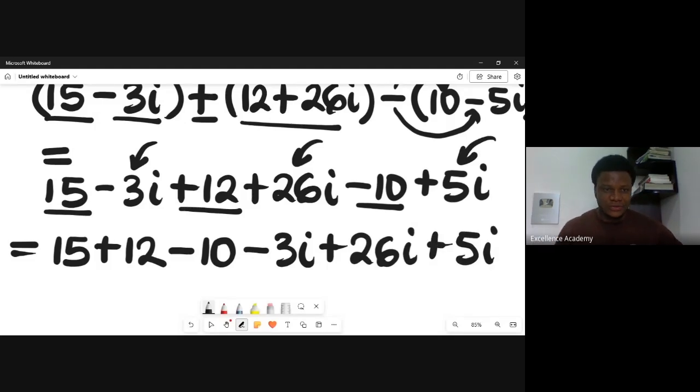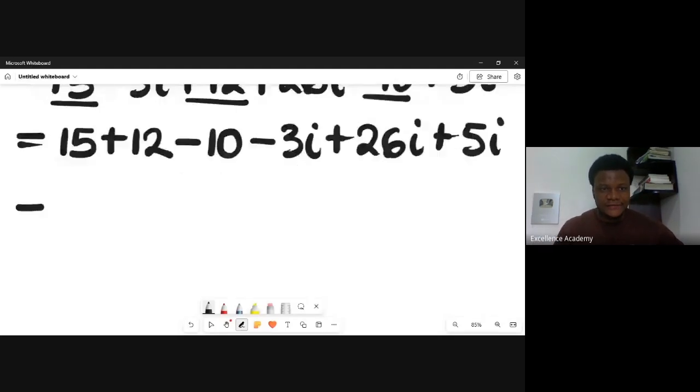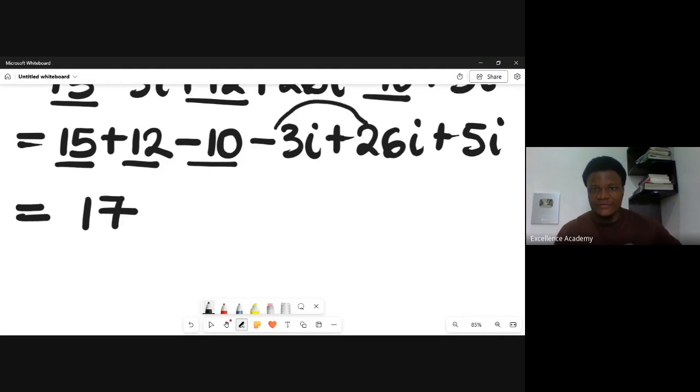This would be equal to 15 plus 12, that's 27. 27 minus 10 is 17. So I have 17 as this. Let's take the ones with i's. Minus 3 plus 26, what you have there is plus 23.